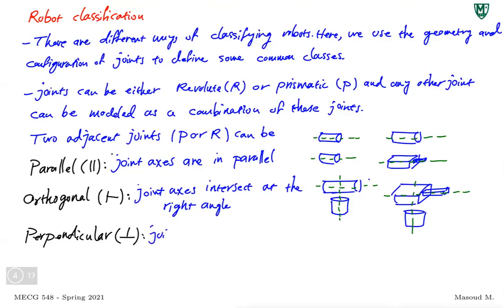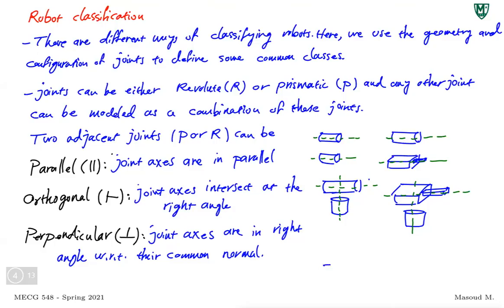So joints or joint axes are at right angle with respect to their common normal.